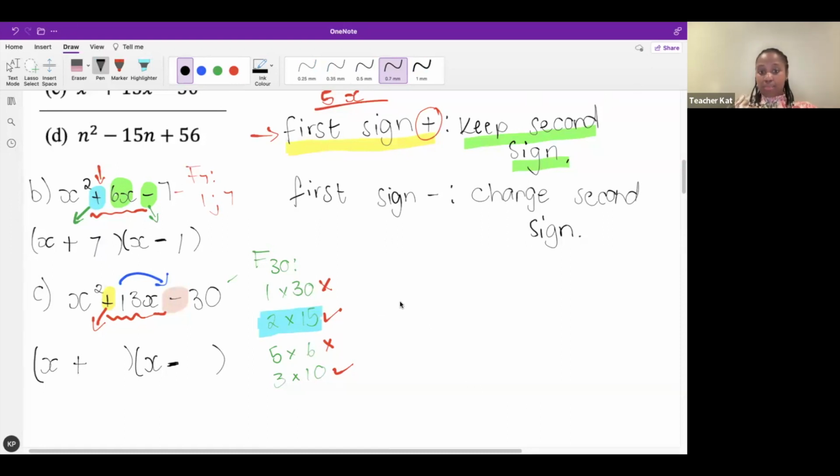If I say 2 minus 15, does this give me 13? No, this gives me negative 13. If I say 15 minus 2, does that give me 13? Yes, so then my two factors are 15 and 2, and my 15 has to be positive, and my 2 negative. Okay, are we feeling a bit better?